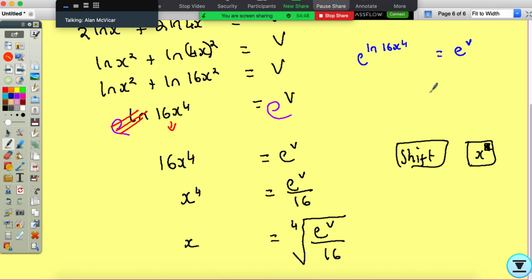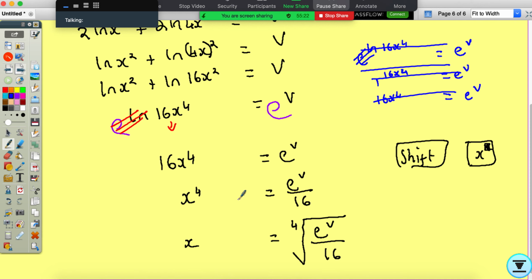But what really happens is that these two cancel off and become 1, and that 16x to the power of 4 comes to the front. But you don't need to know that, because e and ln just becomes 1. I'm not going to ask you that. Just treat it as this: e and ln cancel out, and that pops down.